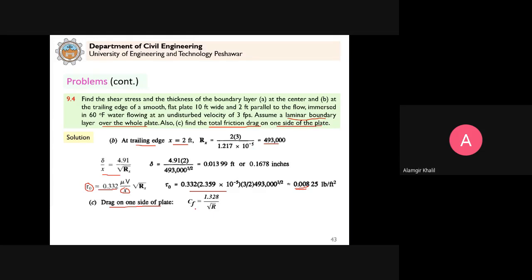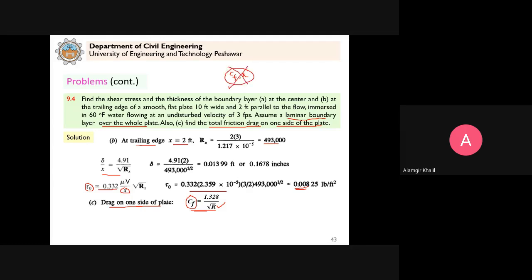So CF for laminar condition, we can calculate for this. Now it is R, not Rx. See, this is R, not Rx. It means that this is the average value for the entire plate length. Because we discussed that if at any distance x you want to calculate CF, you remember it was denoted by CF comma x.